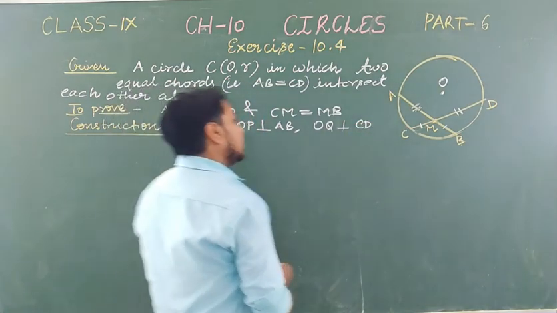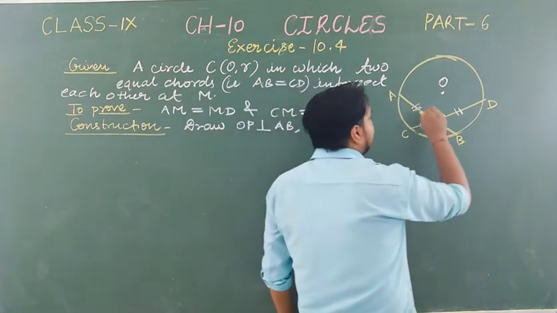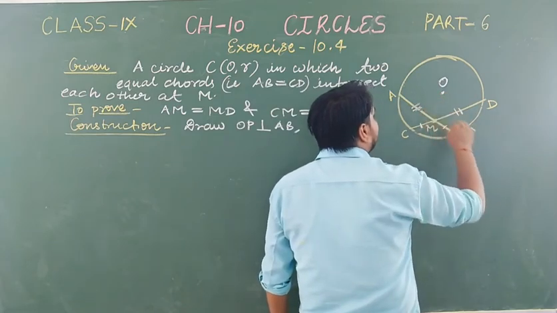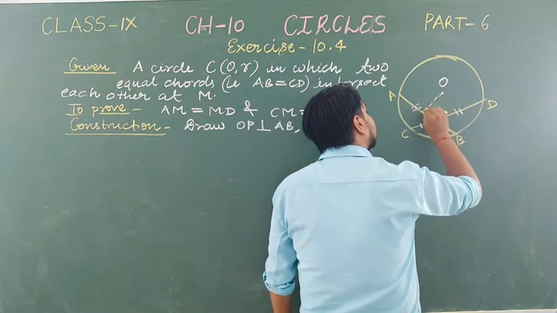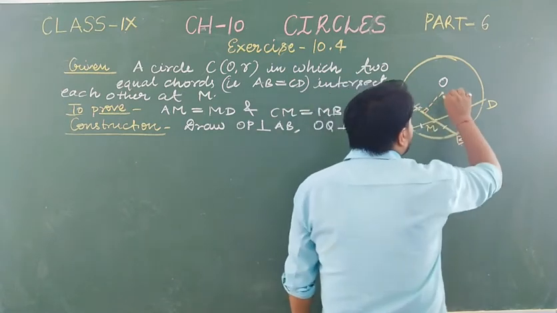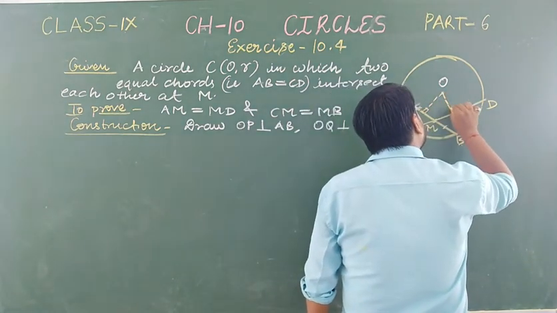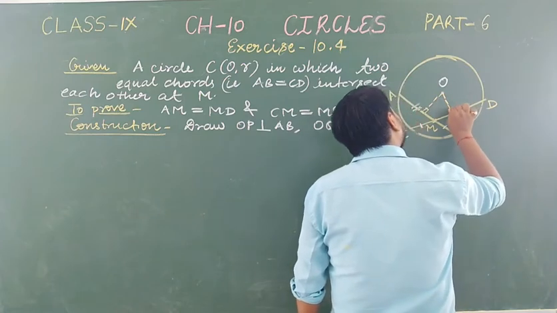See, students, here I am going to draw a perpendicular on this chord AB. Suppose this is the perpendicular, and on the chord CD I am going to draw a perpendicular.